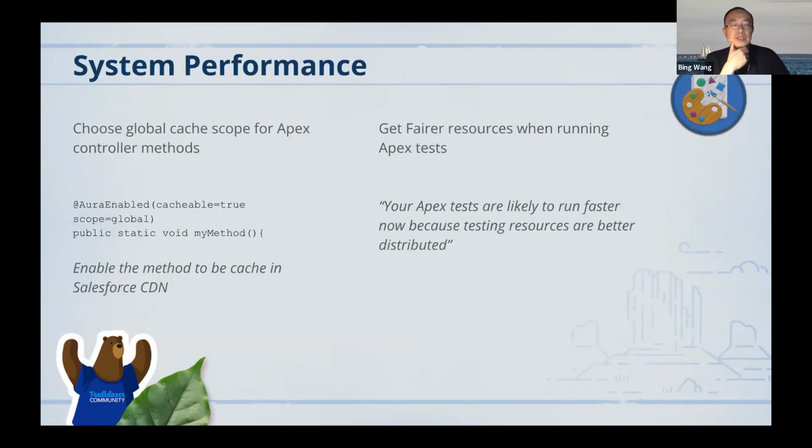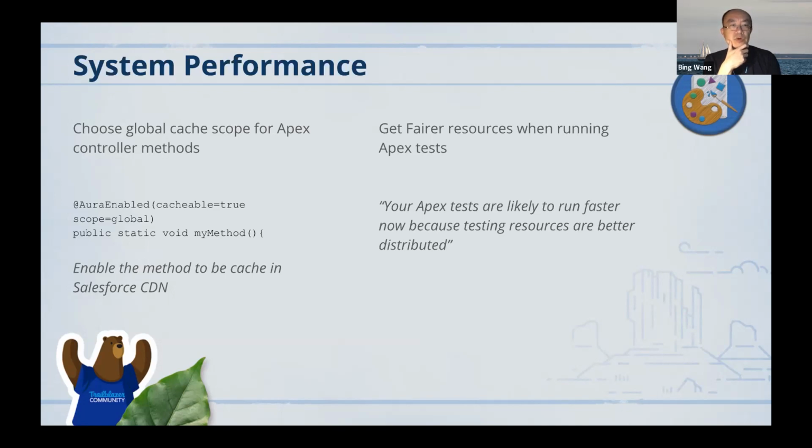The system performance items, also two of them. One is pretty obvious. Now you have a global scope when you're specifying Aura enabled cacheable equal true. I think a lot of you are probably pretty familiar with that by this point. This allows things to be managed by the platform, including Lightning Data Service, that gives you a performance boost because of the caching behavior with your Lightning component.